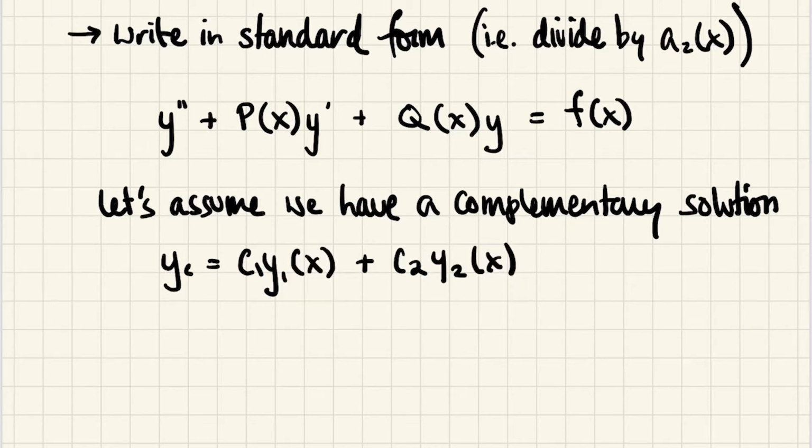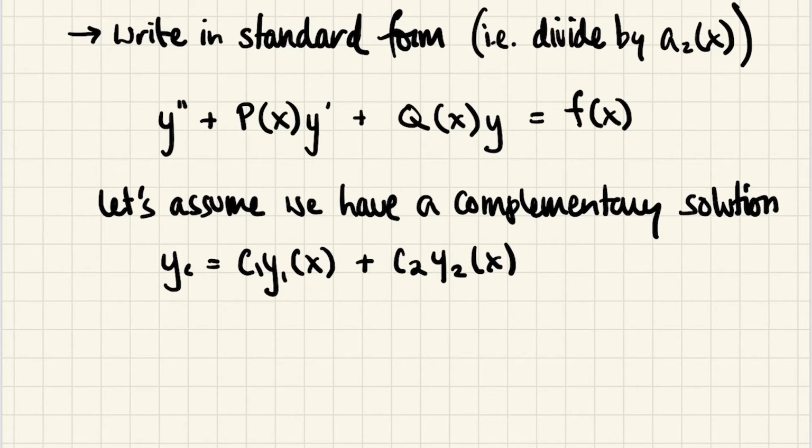And recall, the complementary solution is the solution to the associated homogeneous equation. So that would be if f of x were equal to 0, solve that differential equation, and let's assume we've done that, and we have our yc right here. And of course, we have no trouble doing this as long as at least p and q are constant, but the method we're going to see here doesn't even require that.